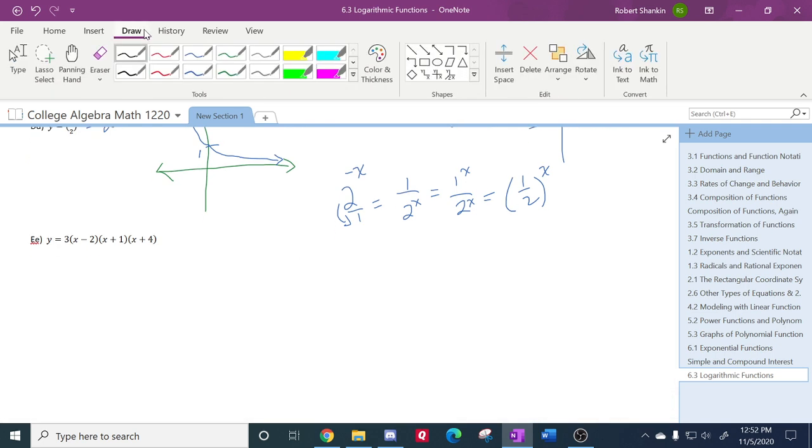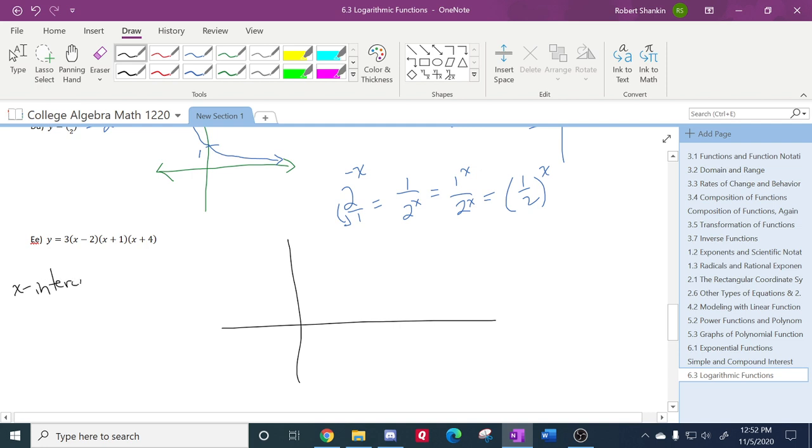Alright, so what I know is that the x-intercepts are when x is 2, I'm going to get 0. When x is negative 1, that'll force it to be 0. And when x is negative 4, it'll force the y to be 0.